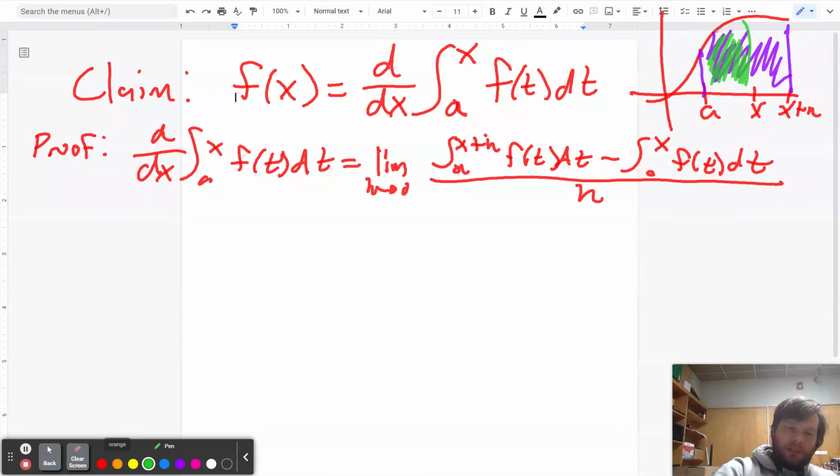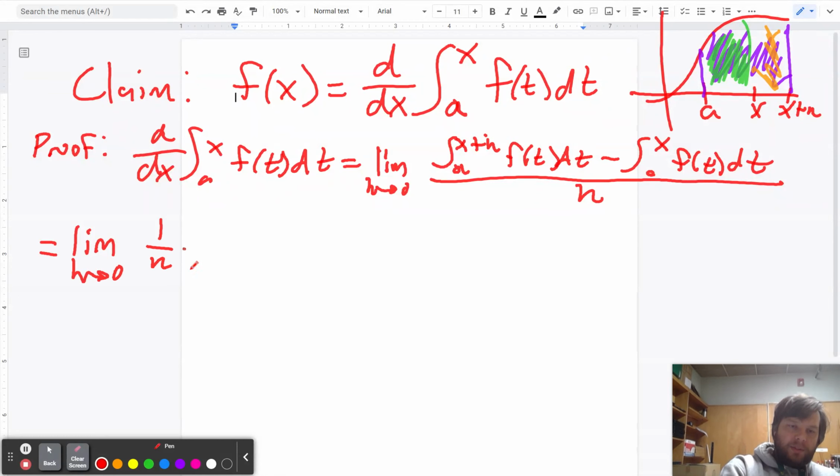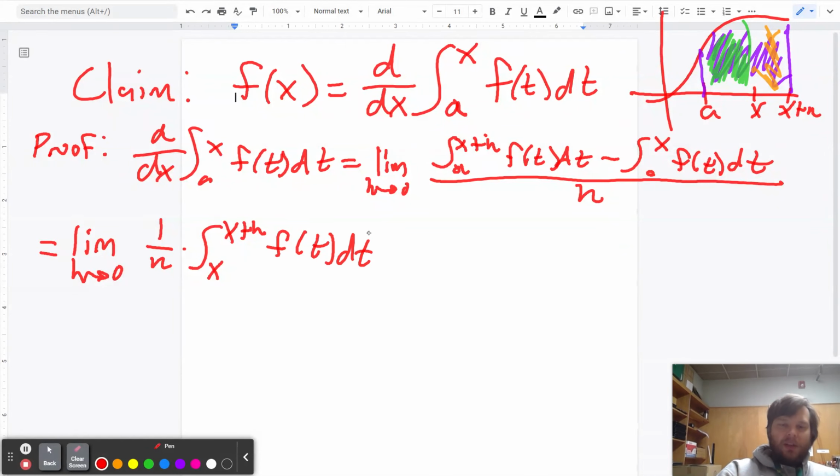So what you're really left over with is just from x to x plus h. So I can simplify my limit down to the limit as h approaches 0 of 1 over h times the integral from x to x plus h of f of t dt. So the question is, what's going on with that?